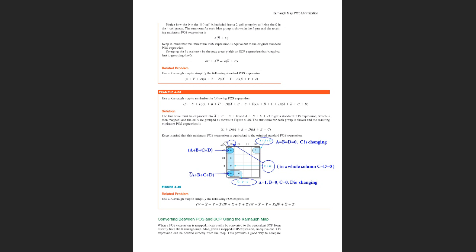Another interesting group is a column, the leftmost column of zeros at the address CD00. Because A and B are changing and the expression is still 0, we eliminate A and B. All which is constant is C is 0, D is 0.